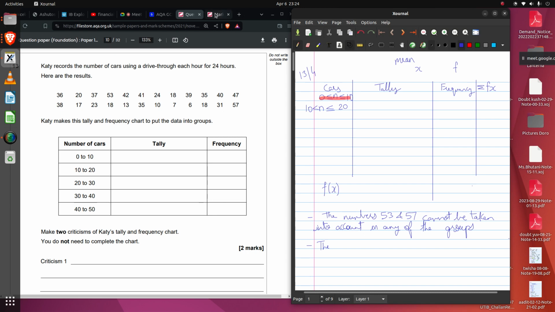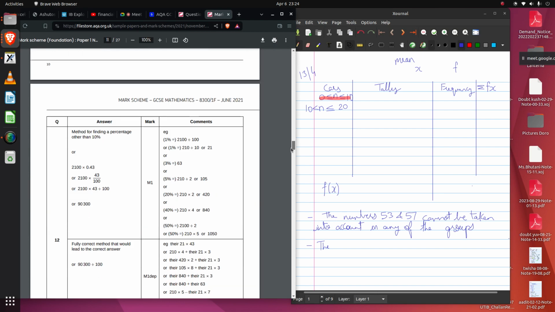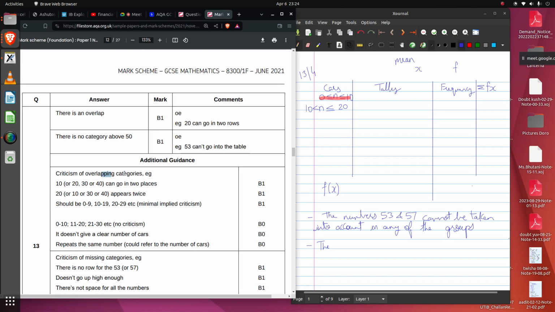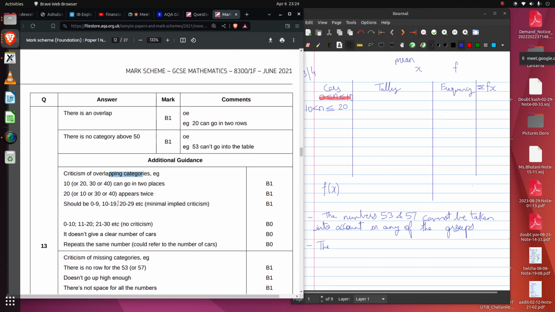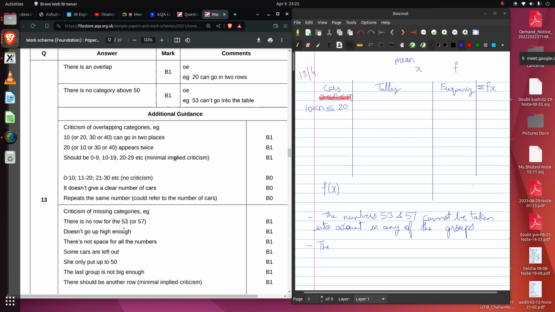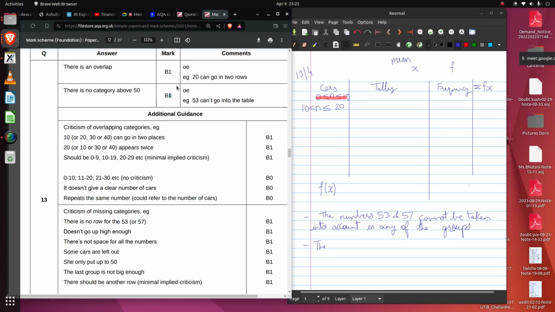You just have to frame it in a proper way, which is like overlapping categories. See, the same point we mentioned. Where should the number 10 go? That is not clear. And the same criticism of 53 and 57. Where should I count them? In which group? Fine.